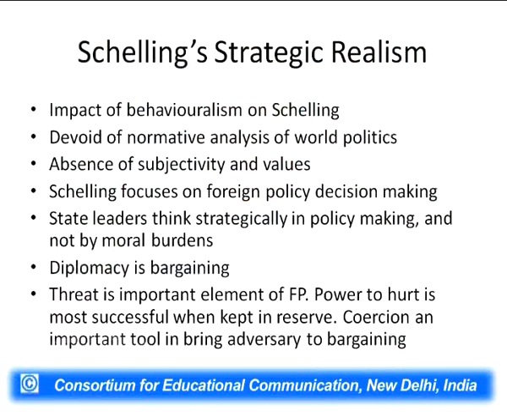Now, with this background of Morgenthau, I'll take you to the second realist scholar, Schelling, who gave the concept of strategic realism. He argued that realism of Schelling was influenced by behavioralism. I'll talk about behavioralism later, probably in some of the other lectures when we talk about methods.